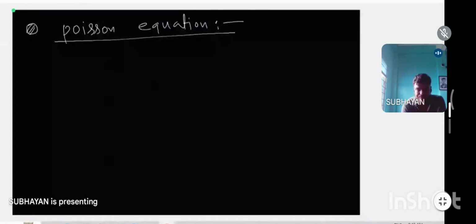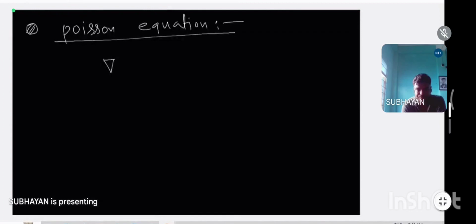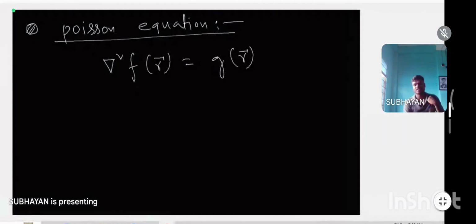You know the general Poisson equation, f of r equal to g of r, and we have found it in electrostatics, namely grad square phi equal to minus rho by epsilon naught.